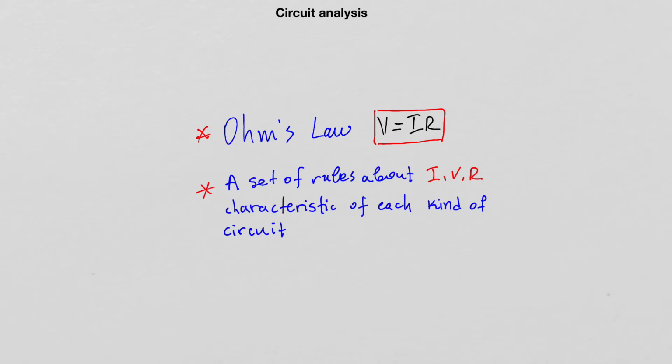And then the analysis also is based on a set of rules about the current, the potential difference, and the resistance in a circuit. And these rules are characteristic for each kind of circuit. So when I do the analysis of series and parallel circuits, I will explain what these specific rules for the current, the potential difference, and the resistance are, and also how Ohm's law is applied in analysis of each type of circuit.